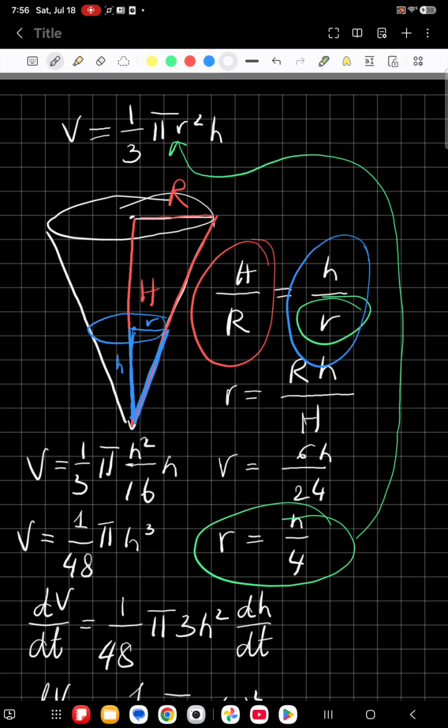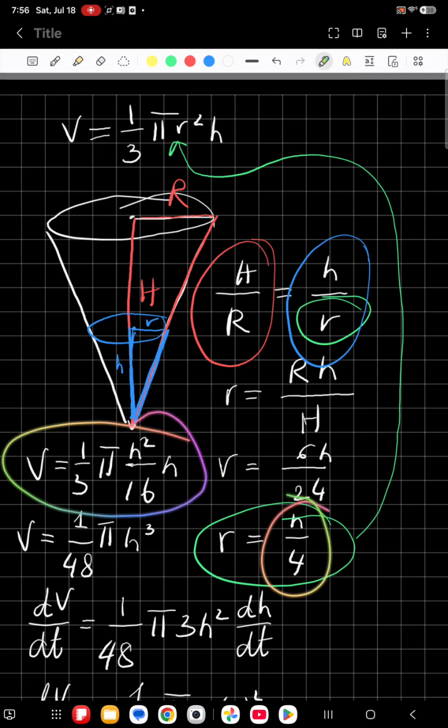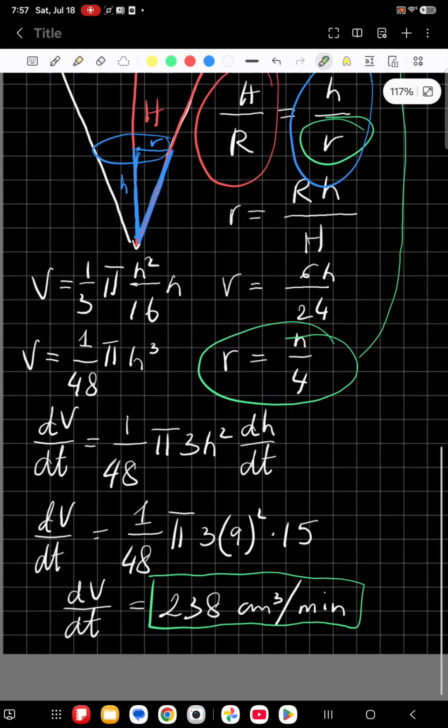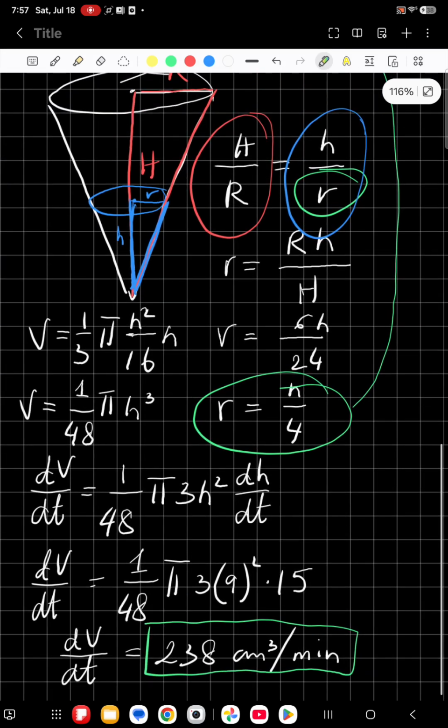We solved for radius and simplified it. We got radius equals h over 4. And after that it's quite doable. We plugged in this over here, the green thing, and simplified it. Took a derivative of both sides. The left side is easy. The right side, I hope it's easy too: implicit differentiation.